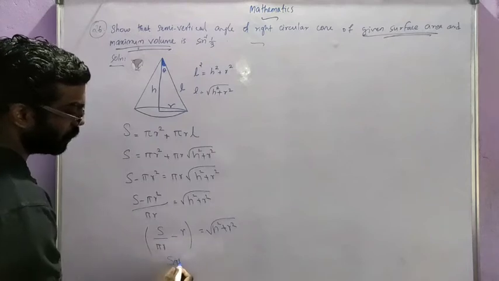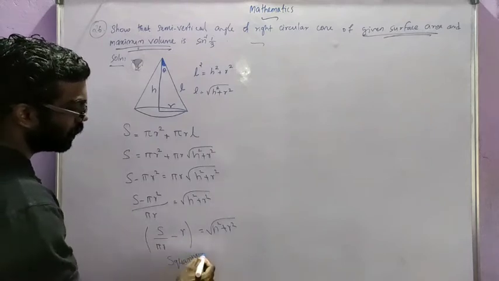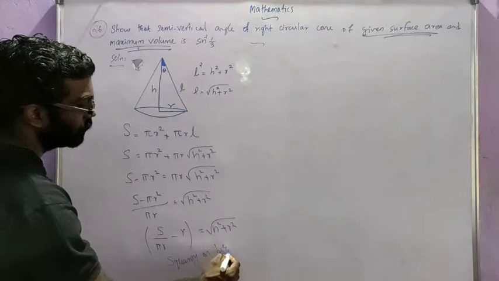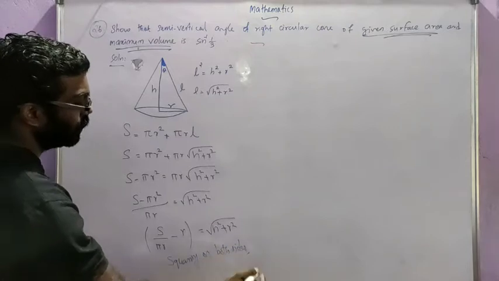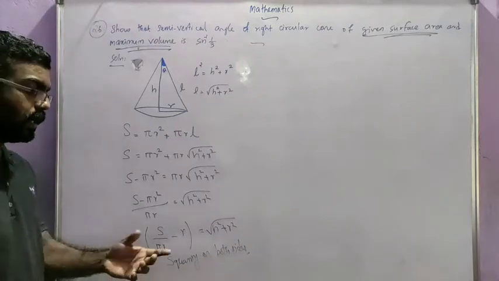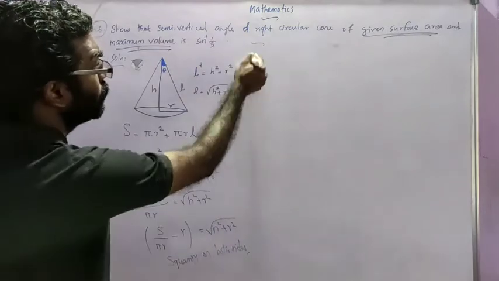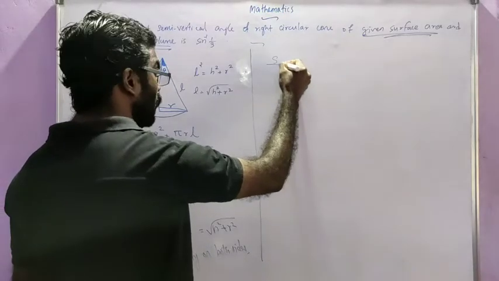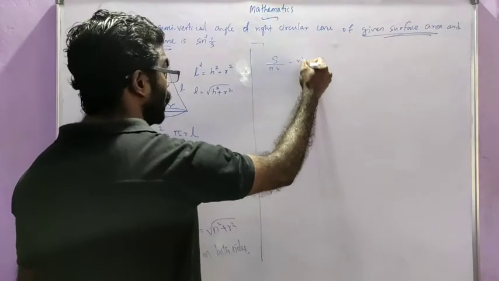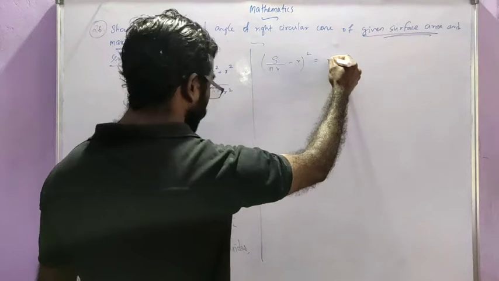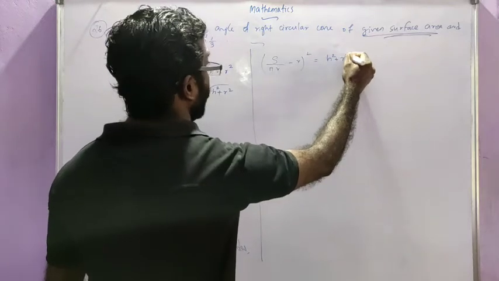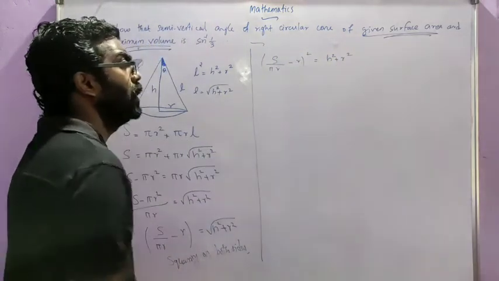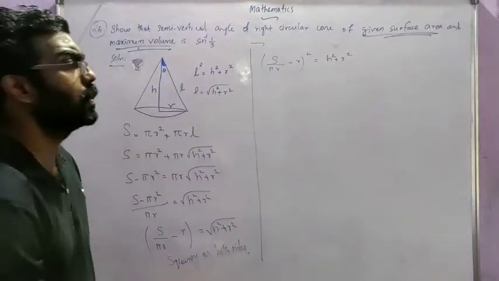Now we can square on both sides. Here we are going to find the value of h in terms of r and s. So s by pi r minus r the whole square equal to h square plus r square. Here we can expand using the identity a minus b the whole square.